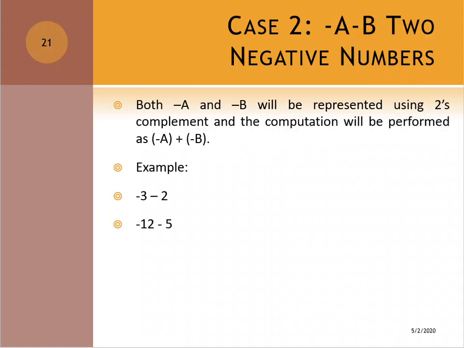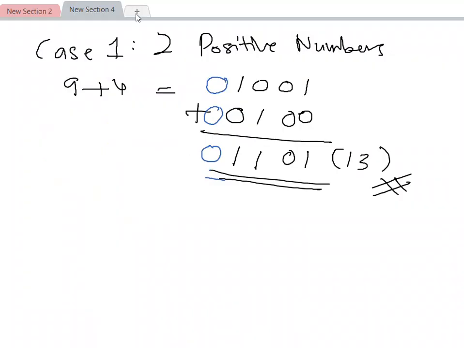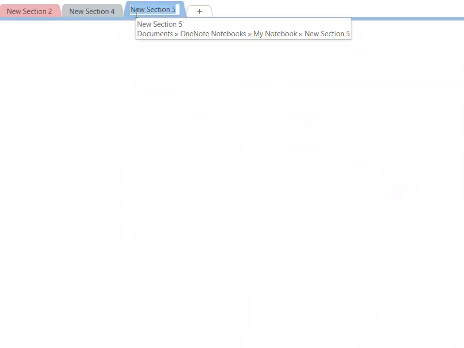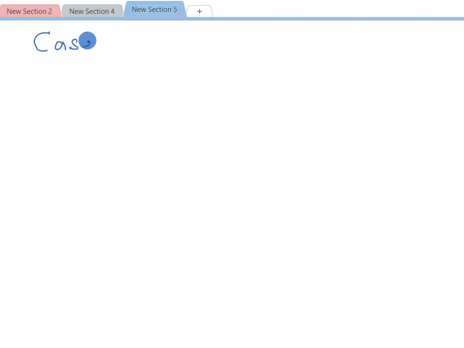Case 2. How can we solve negative a minus b? This involves two negative numbers. Let's try negative 3 minus 2. I'll show you the first one.